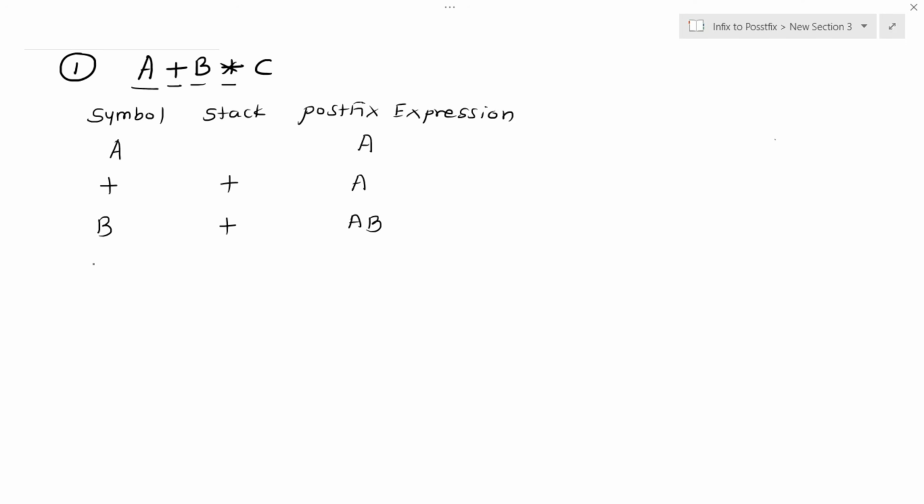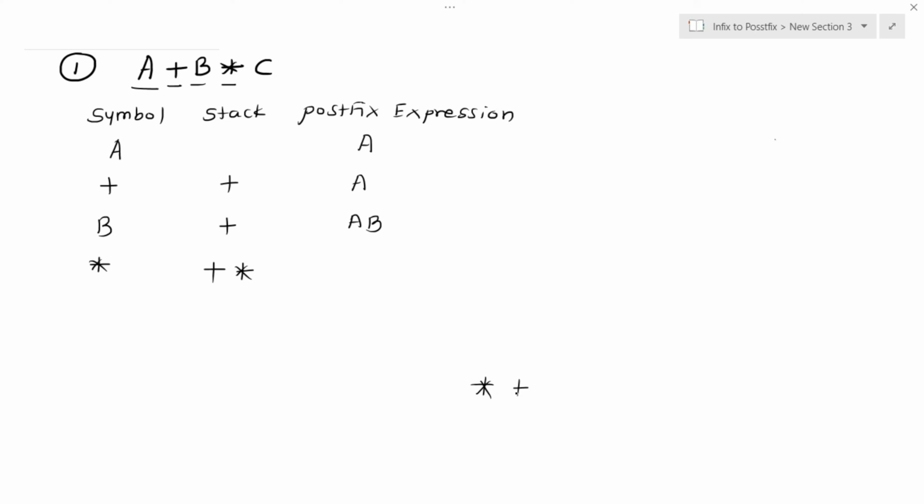Then comes the multiplication. So here there is already plus and then multiplication comes. Plus has low priority and multiplication has the highest priority. So both can stay together. If there is already a multiplication and then plus comes, the low priority operator is plus and multiplication has high priority.